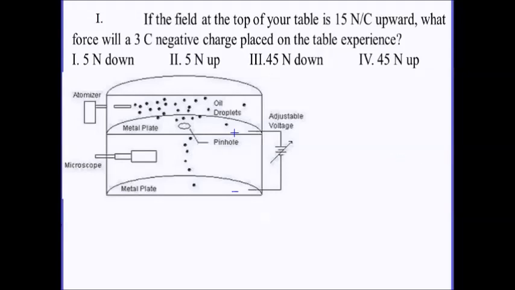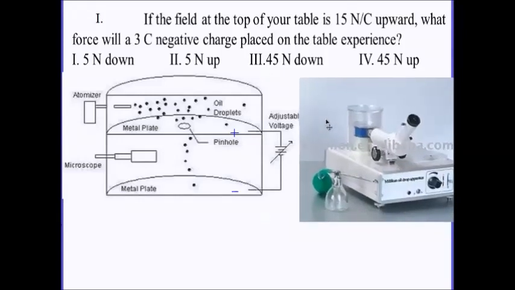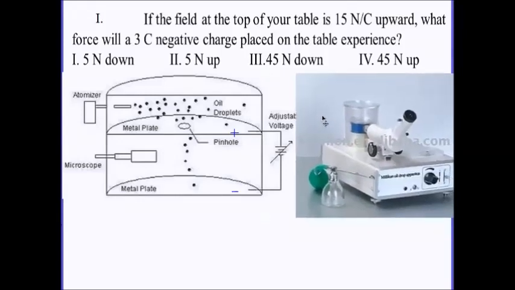And before we go on, here's another image. This is what the equipment would look like if we had it in our lab. I have taught at schools where we had it. It was a frustrating experiment to do, but very important. Here are the two plates, and here's an atomizer.